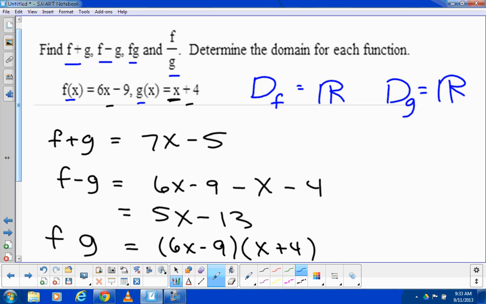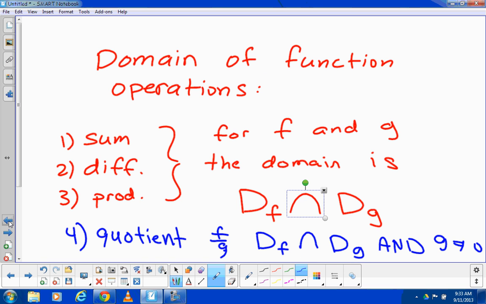Now let's find the domain of f plus g, f minus g, and f times g. So you remember what those were? How did I say it? Let's go back and look at it. It's the domain of f intersect the domain of g.